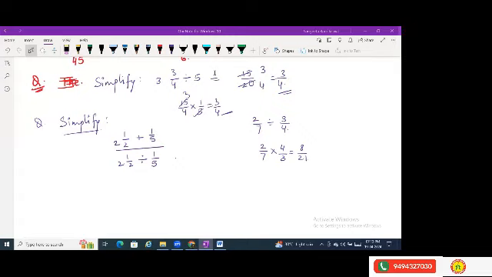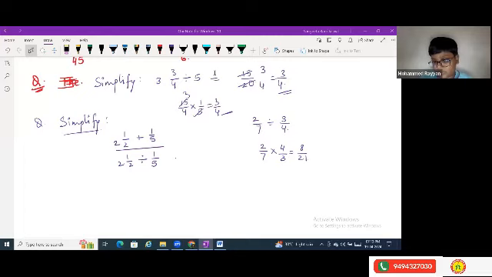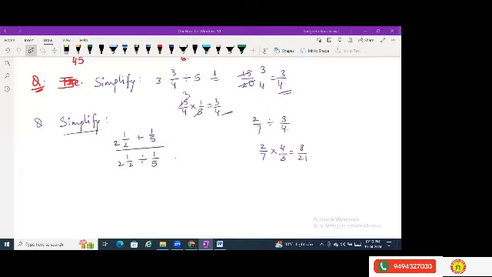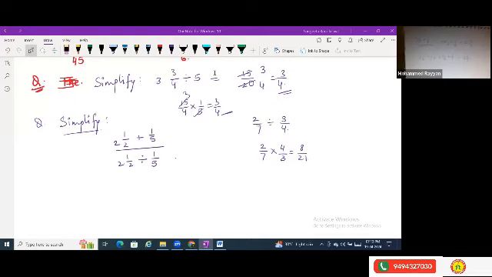What is your answer? Tell me your answer. My answer is 2 by 7 for addition, and for division it is 25 by 2.